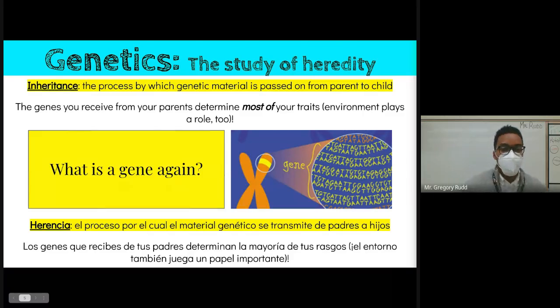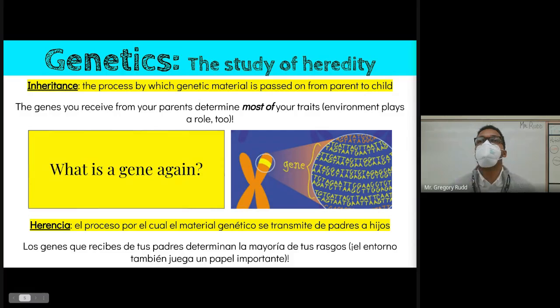Okay, so before we really talk about genetics, we need to be clear about the definition of inheritance. Socially, inheritance means what kind of assets are you getting from your older generations, your elders, your parents? What are they leaving you when their time to move on has come? In biology, inheritance refers to similar things.